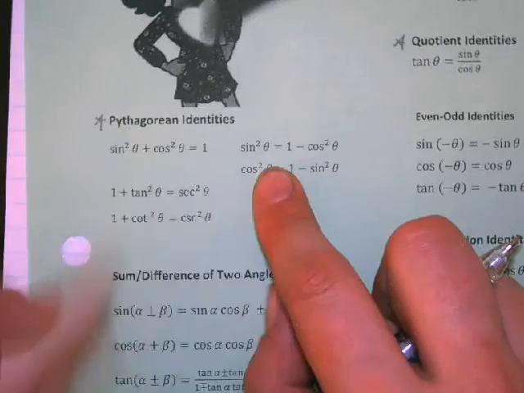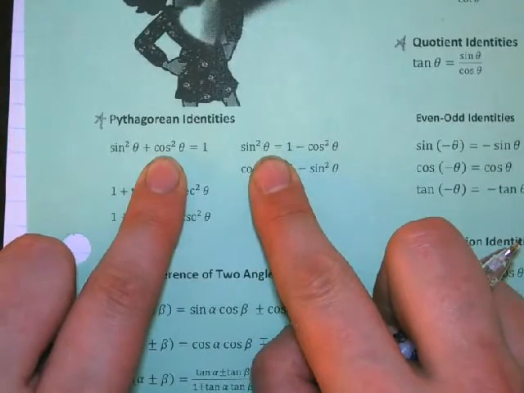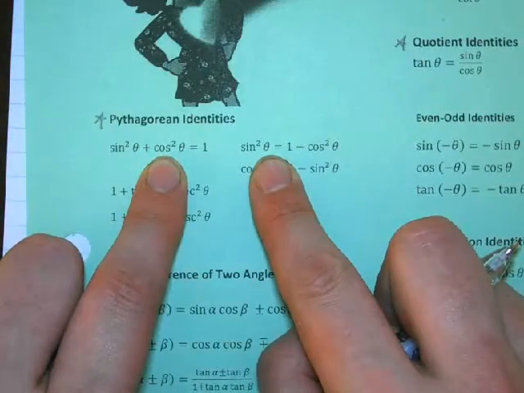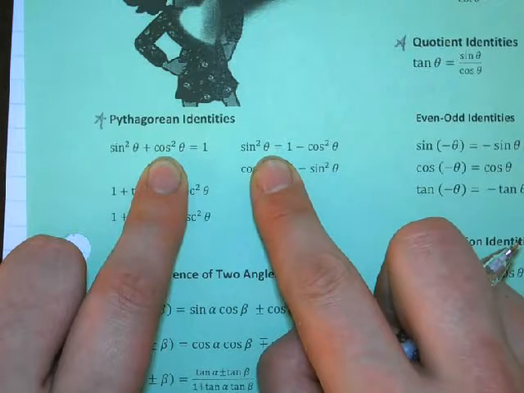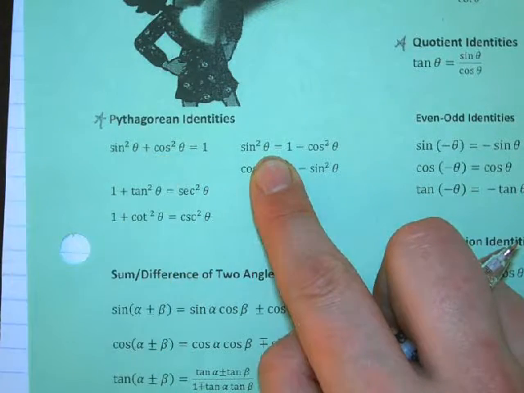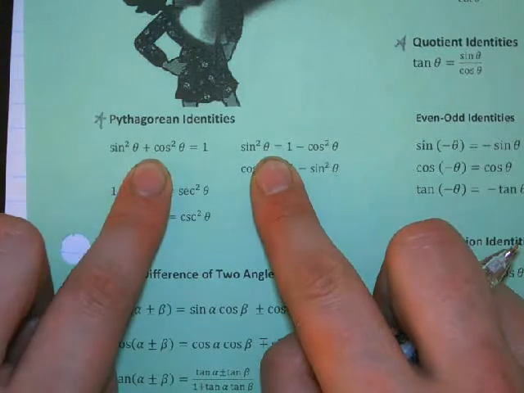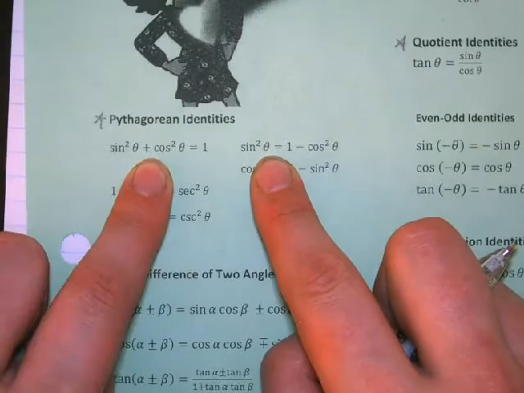The Pythagorean identities are kind of interesting because they make it so that if you have a sine squared and a cos squared, you can trade them out. Does that make sense? So not only does sine and cosecant have a direct relationship, but sine squared and cos squared have a direct relationship.